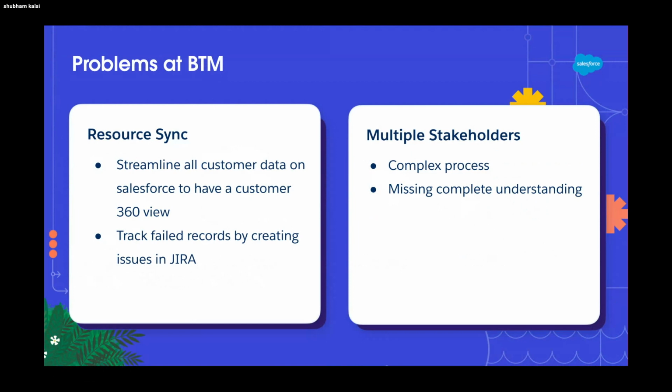Recently, Between Two Mules acquired another training company to increase their hold in the market. The acquired company, let's say the name is Ozone, stores the data in an on-prem database. So what Between Two Mules is trying to do is streamline all its customer data on Salesforce to have a customer 360 view and have a single source of truth.